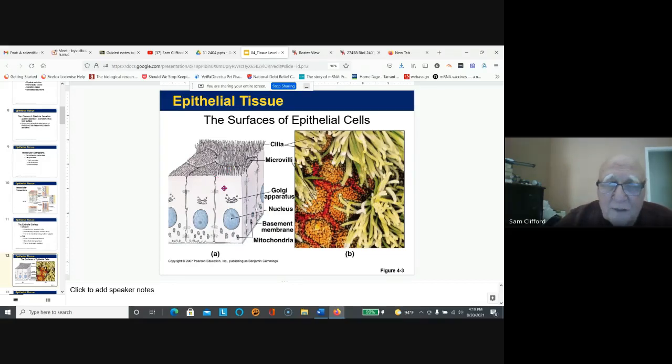So these are columnar cells. They have the shape of a column. They're called simple columnar, and we'll get to that. They're tightly bound together, and they absorb materials through the microvilli, which greatly increases the surface area, and cilia help mix all of the food and nutrients that are moving through the gut.